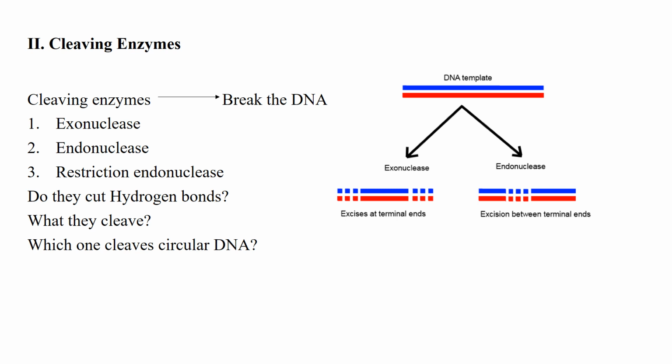When we apply exonuclease, actually exo means outside. Here outside means the terminal end of DNA. The terminal end may be the 5 prime or 3 prime. This exonuclease acts only on these terminal sites.